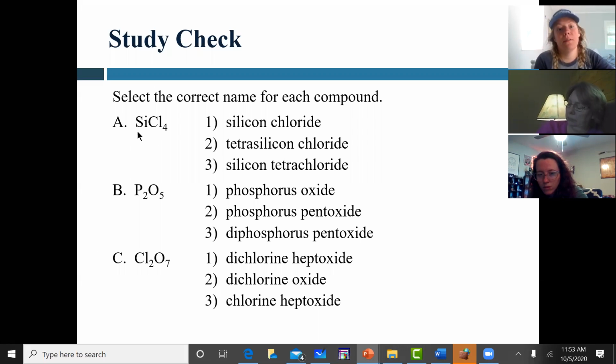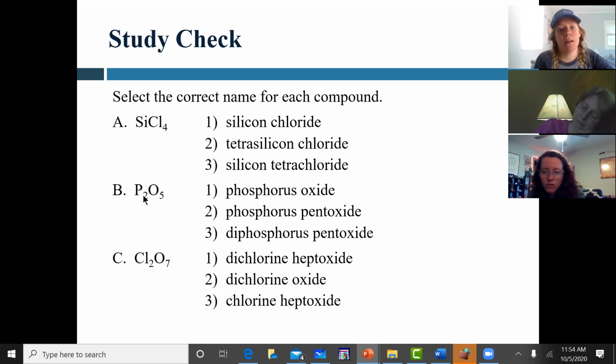Okay, so first one here, we've got silicon trichloride, or I'm sorry, silicon tetrachloride. So we'll go with number 3. We don't want to flip-flop anything, so we don't put the 4 to the silicon like they did in 2, and we don't just say the names of them without prefixes.